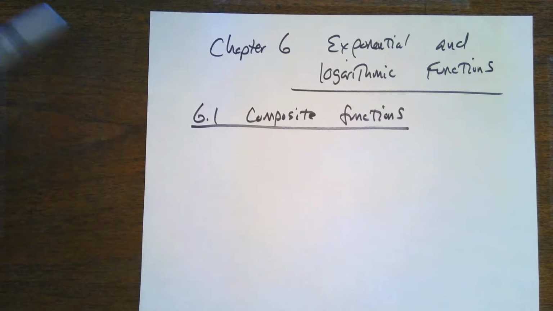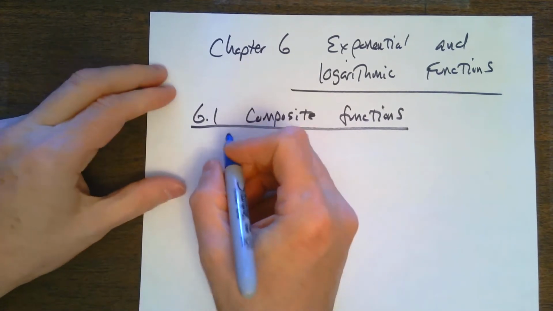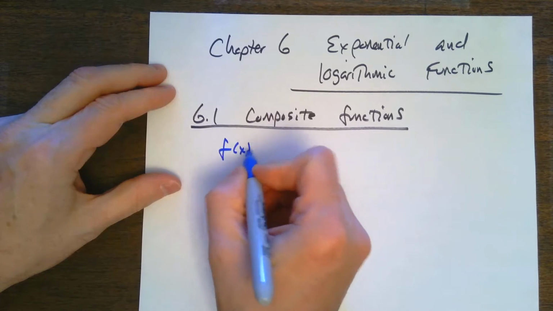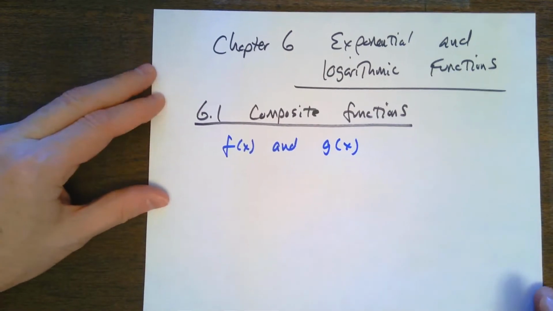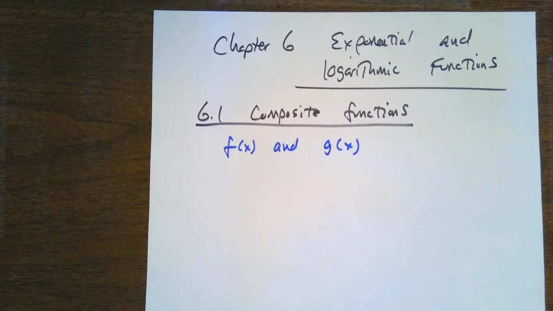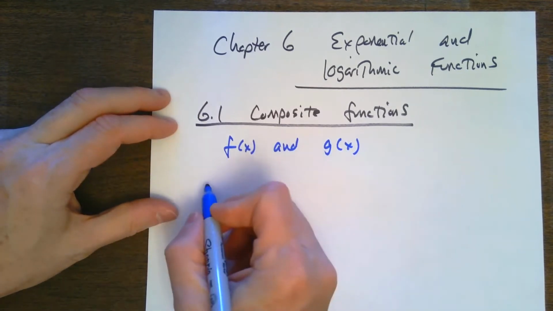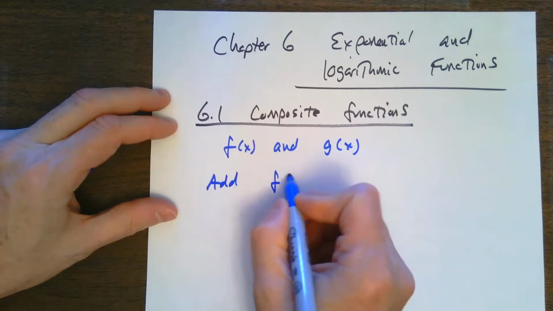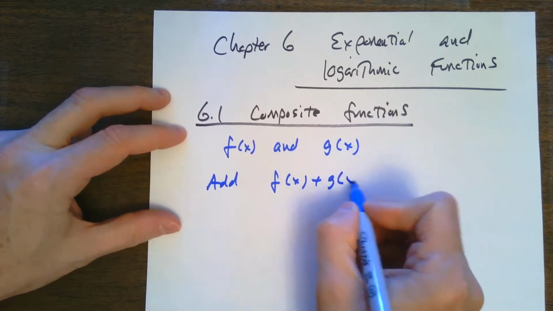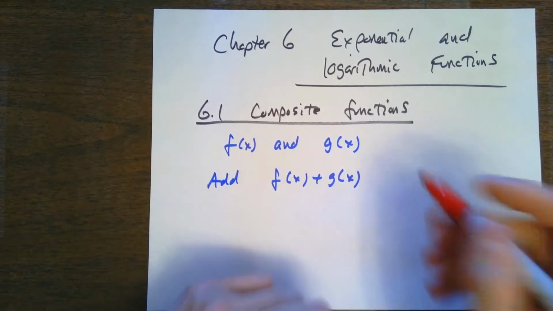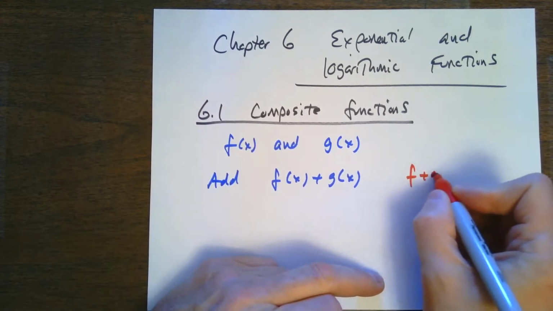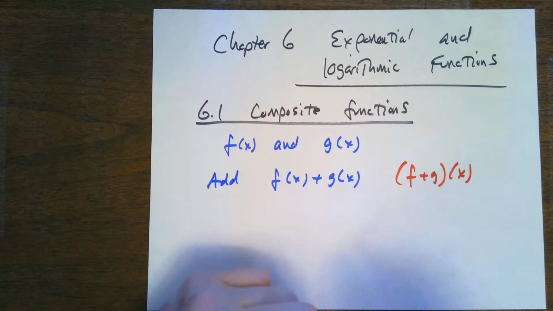If we have two other functions, for example an f of x and a g of x, we've already seen that we can combine these functions in lots of different ways. We can add the functions, f of x plus g of x, and we can treat this as a new notation, f plus g of x.